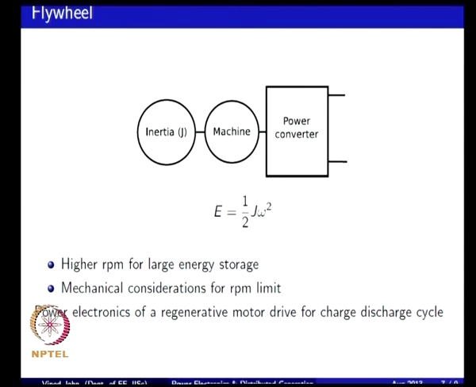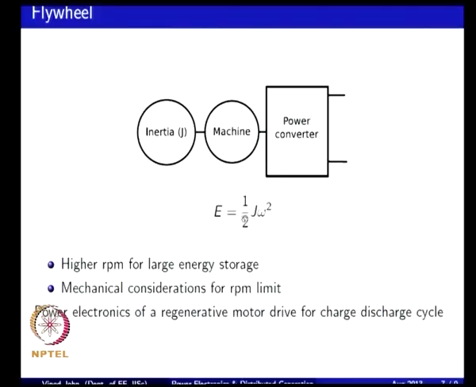Recent papers in mechanical engineering journals show that people have built prototype flywheels that go even up to 1,000,000 RPM. Okay. The technology required to hold a mechanical structure together without falling apart at those high RPM is a big challenge. So the mechanical consideration is a big issue.